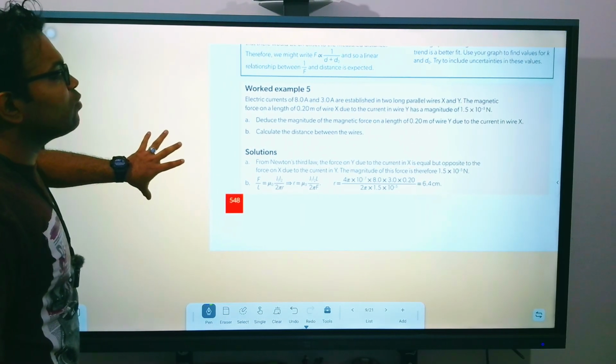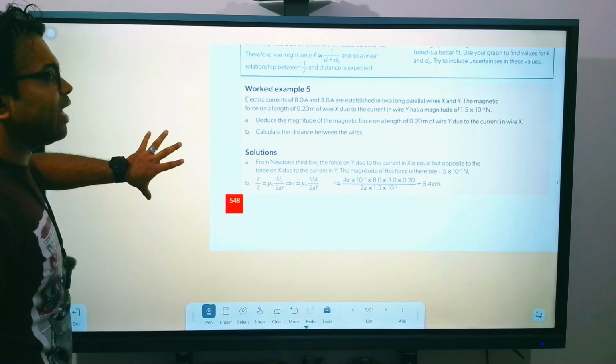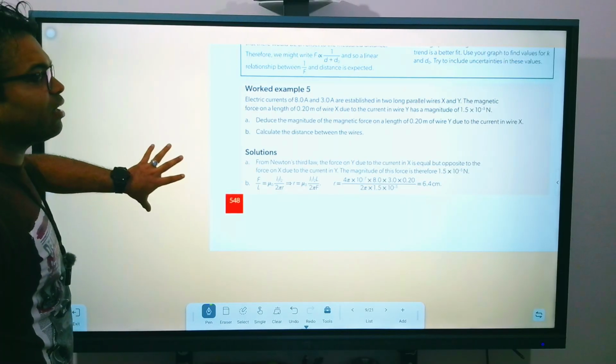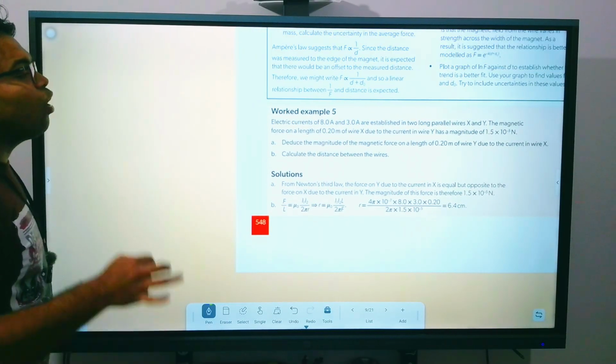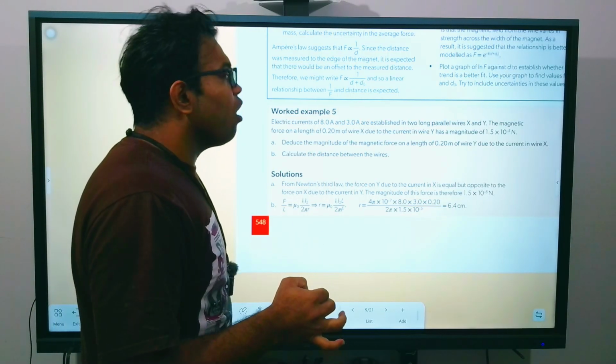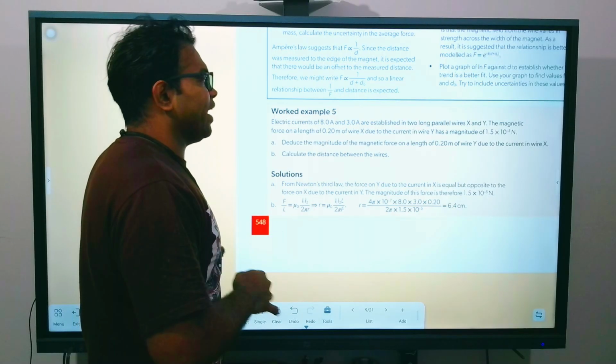Now deduce the magnitude of the magnetic force on a length of 0.2 meter of wire Y due to the current in X.